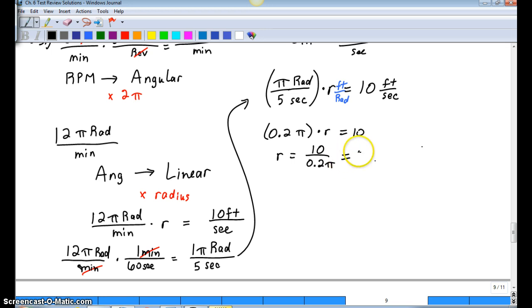Well, that's the same. So 10 divided by 0.2, or 1/5. 10 divided by 1/5 is the same as 10 times 5. But you have to leave your pi on the bottom. So 50 over pi.